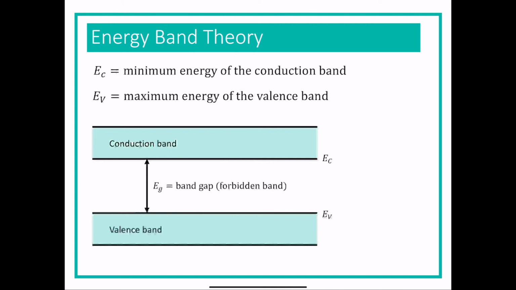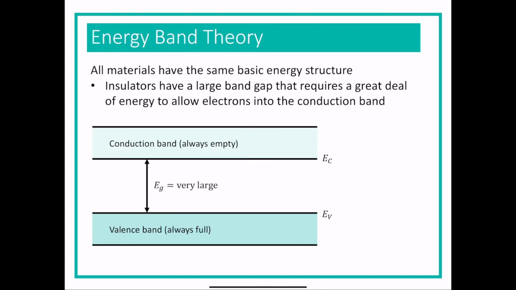So insulators have a really, really large band gap between the valence band and the conduction band, and they don't have electrons in the conduction band because there aren't any available to do that. They pretty much have a full valence shell, and they don't readily release electrons. So the energy gap is really, really, really big. You have to apply a lot of voltage to get an electron into the conduction band and move. So that's why electrons are not conductive in insulators.